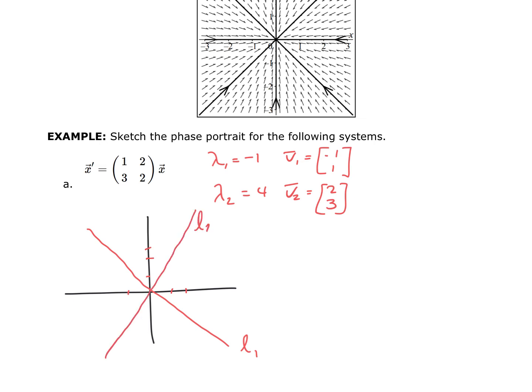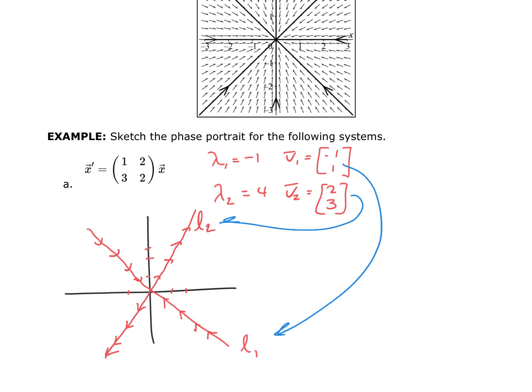This is L2. So L2, L1. My eigenvalue associated with L1 is negative, so it's going to go along the line toward the origin. And L2 is positive, so I'm going to move away from the origin like that.